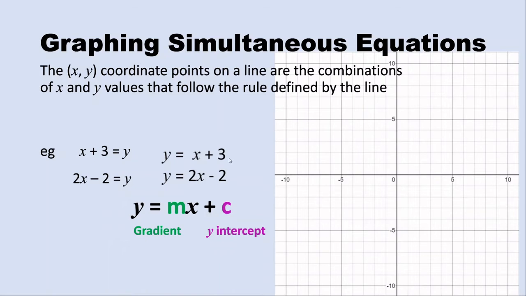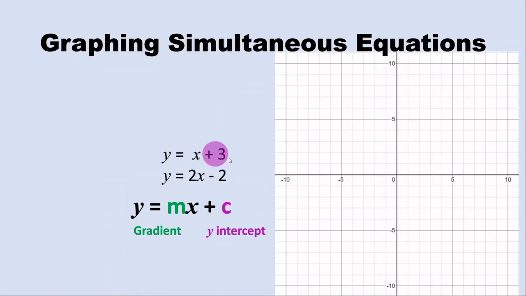For this first equation here, for example, I can clearly see that the y-intercept is positive 3. That means that my line is going to cross the y-axis at positive 3. That is 1, 2, 3 up from the origin. And I can see that the gradient is positive 1x.